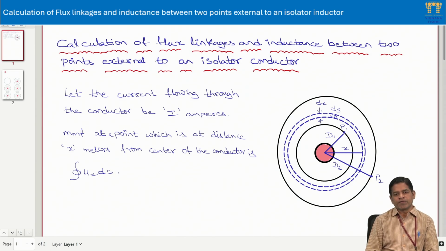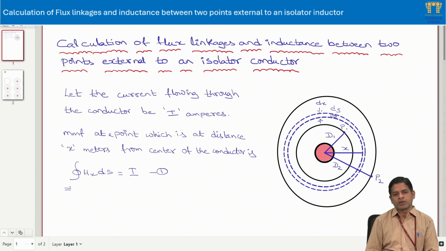So this would be the MMF, and according to Ampere's law, this MMF will be equal to the current enclosed. So this tubular element which we are showing here is enclosing the entire current flowing in the conductor. So that would be equal to I. Why? Because we have taken I to be the current flowing through the conductor. Let this be equation 1.